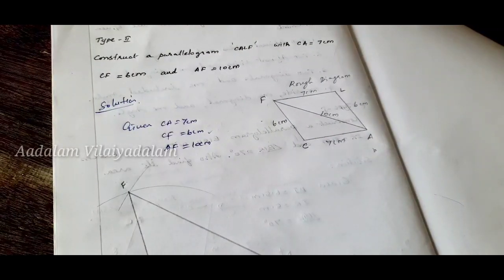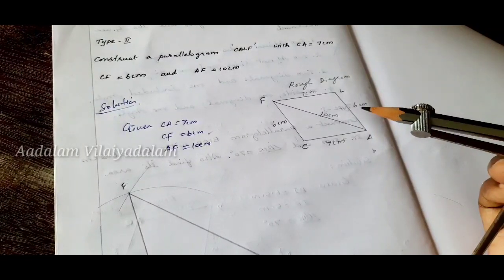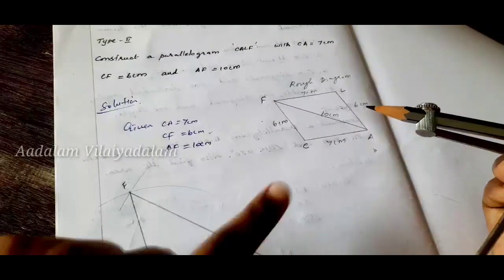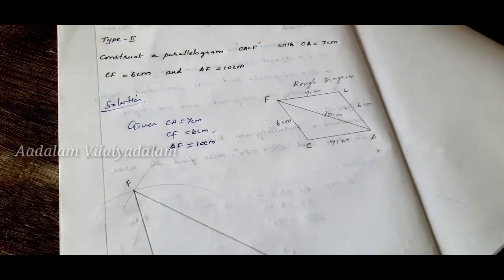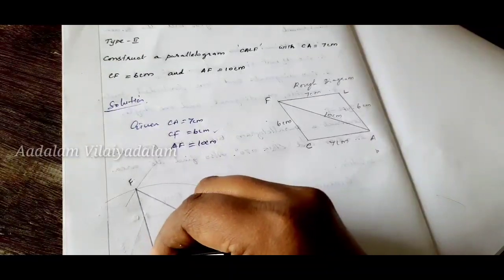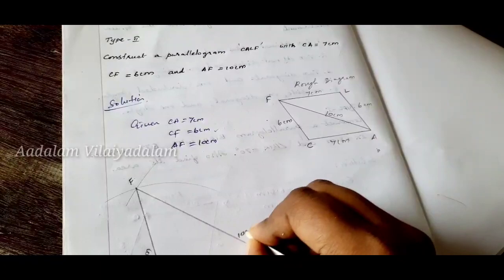Again, now we need to take the measure of the opposite sides, that is 7 centimeter. And before that, let us write the measure of the previous arcs. This is 6 centimeter and this is 10 centimeter.